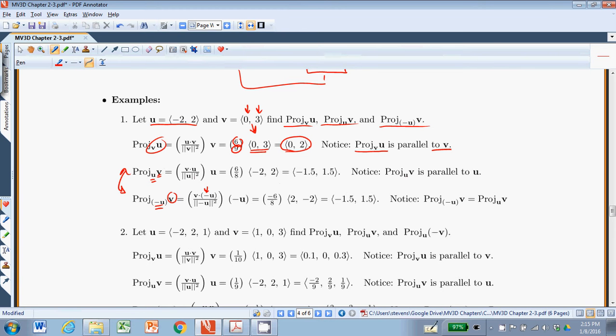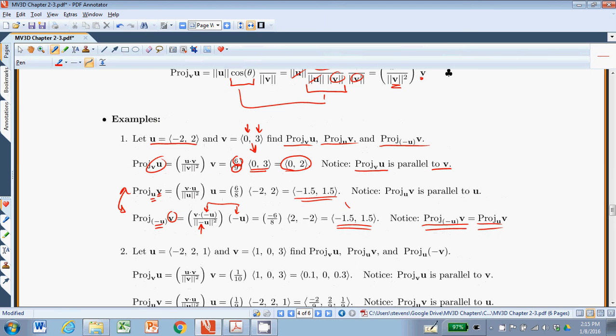That's going to be just a negative out in front. There's a negative in there, but that's squared, so that goes away. And a negative u right there. But the negative u for the vector and the negative u in the dot product cancel each other out, and I wind up with the exact same thing. So the projection of v onto negative u is the same thing as the projection of v onto u.